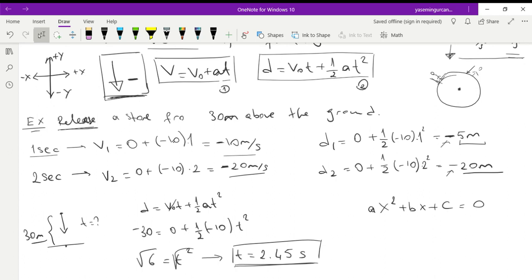This is the quadratic equation, second degree equation that you need to solve for x, and a, b, c are all constants. And the solution for this, there are two solutions because it's second degree, is minus b plus minus square root of b squared minus 4ac divided by 2a.